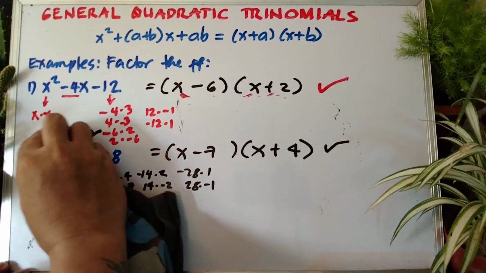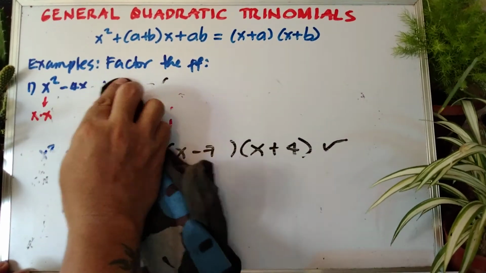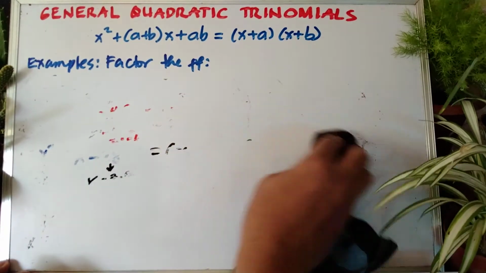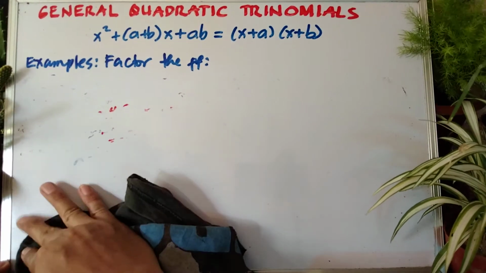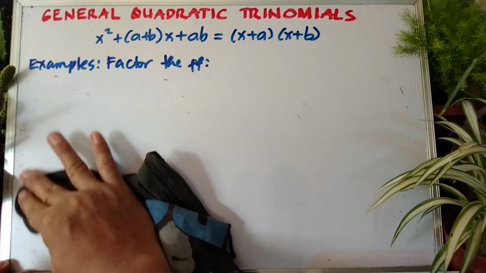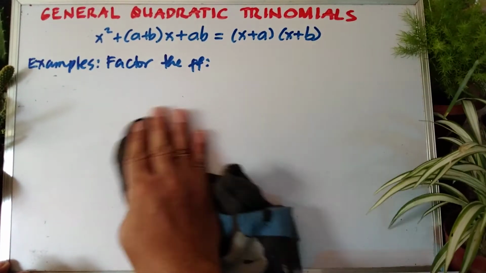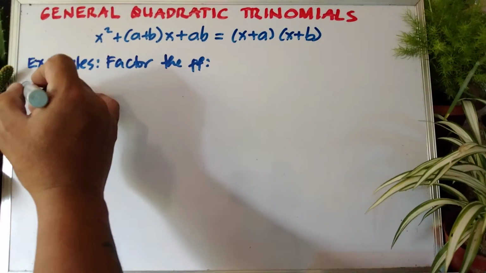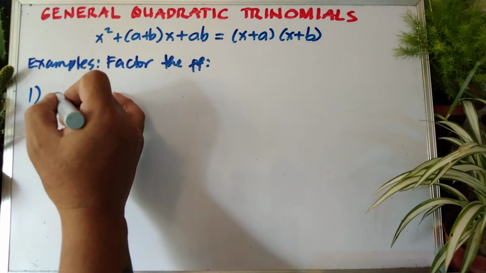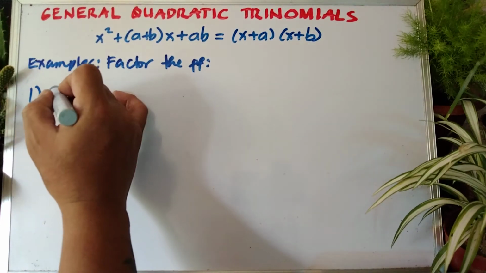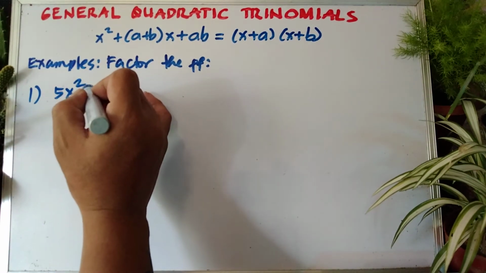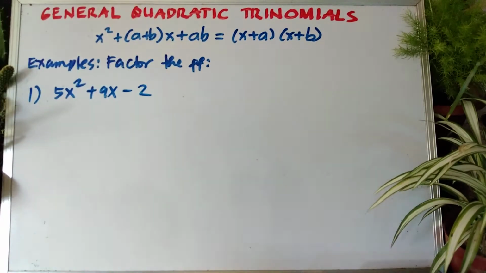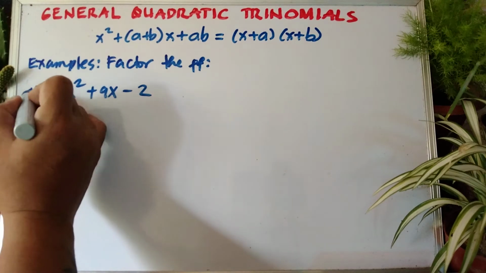Okay, so let's move on to another example wherein the leading coefficient is not equal to 1. Maganda ito, kasi hindi na equal to 1. So, kaya nga tinatawag itong trial and error. So I will give you 5x squared plus 9x minus 2. Example number 4 na yan.